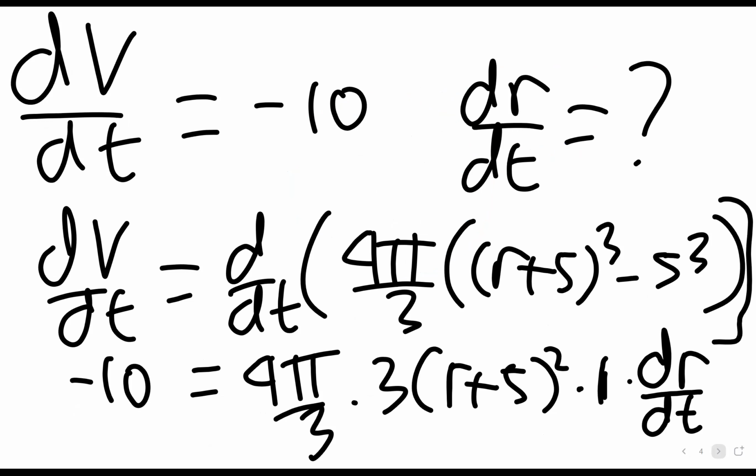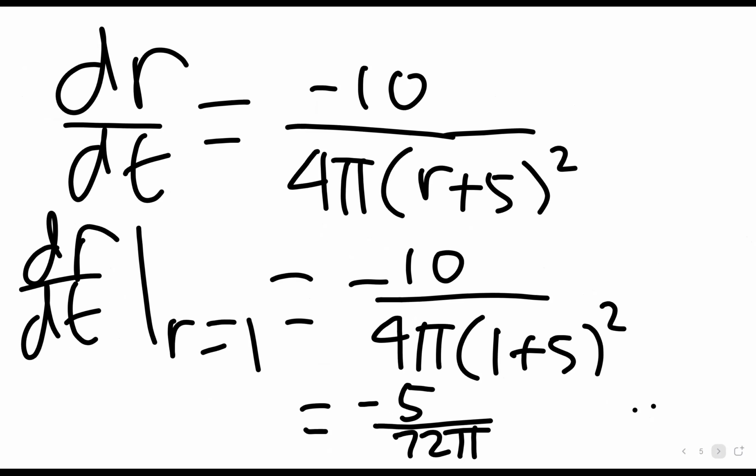The derivative of 5 to the power 3 is a constant, so just take the derivative of (r plus 5) to the power 3, which is 3(r plus 5) squared multiplied by dr/dt. If I simplify this, we obtain dr/dt equals minus 10 over 4 pi (r plus 5) squared.